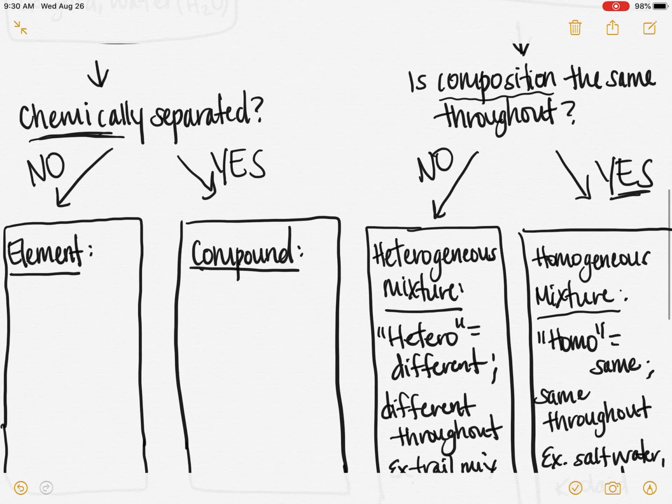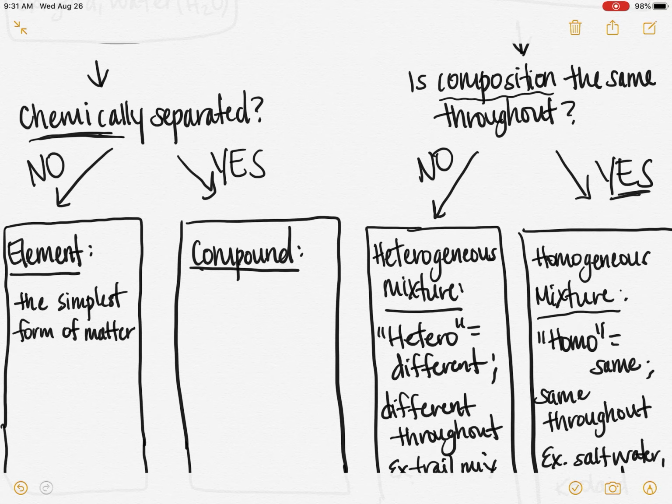If the answer to that question of can we chemically separate something is no, which would be the answer if this was gold. Okay, so if we're talking about gold, can a chemist chemically separate gold? The answer is no. And the reason the answer is no is because gold is an element. And an element is the simplest form of matter.